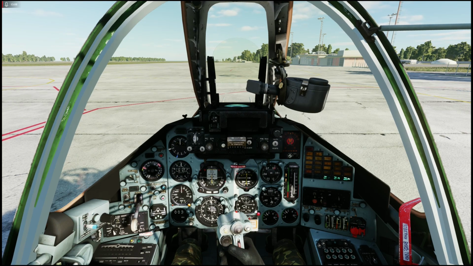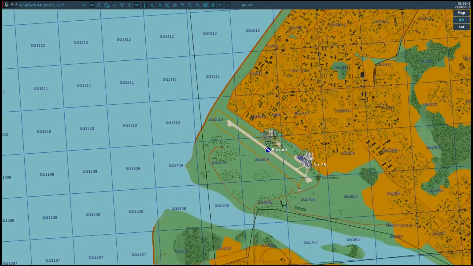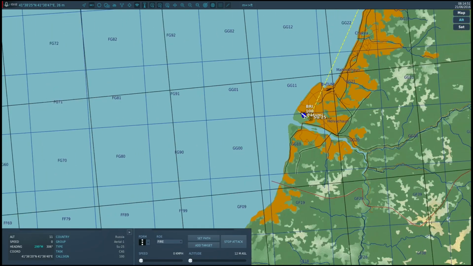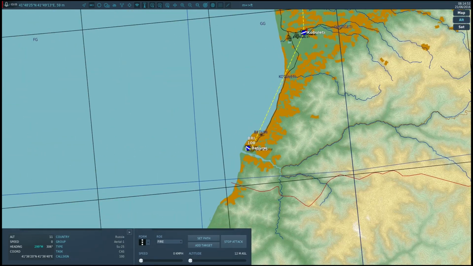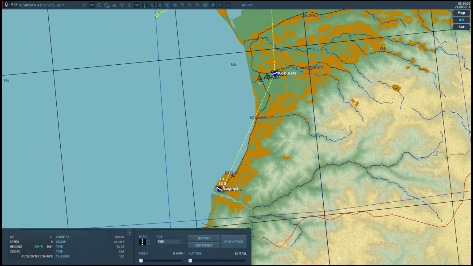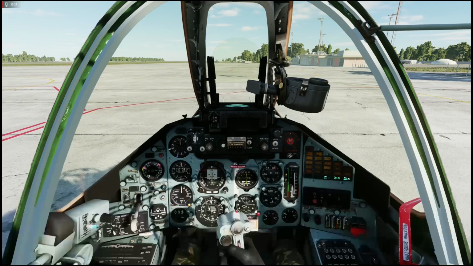Here on the ground, I'm going to take a look at where my first waypoint is. This is my route, so I know I need to take off and make a right turn and go toward Kobyleti. That I do know now.